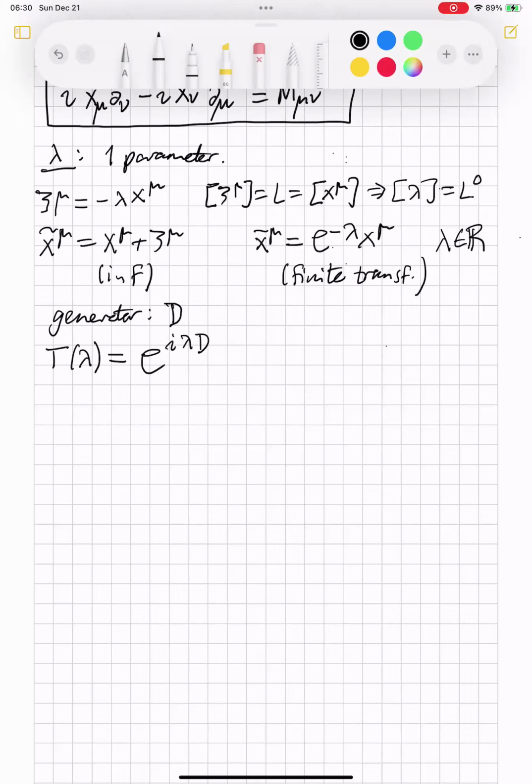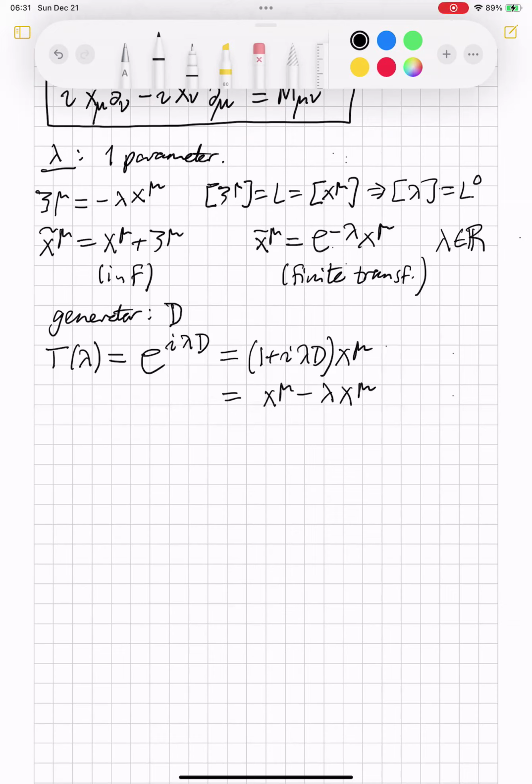If it's infinitesimal, so let's imagine we're studying the infinitesimal case, then we can expand this out, keeping only the terms which are linear in lambda. So I've dropped all sorts of lambda squared terms there, but we don't need to worry about those. And we know that the infinitesimal transformation is 1 minus lambda. Let me just cancel that. We know that the finite transformation is x mu minus lambda x mu.